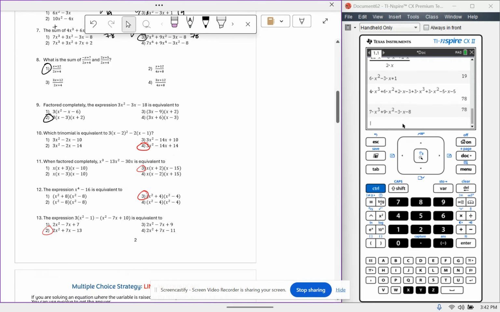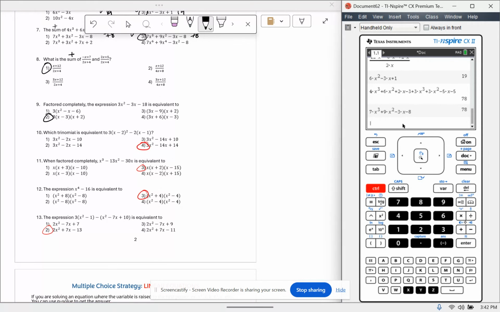Okay. Question 8, we're getting there. What is the sum of these two fractions? Sum is addition. So let's set up the first fraction.